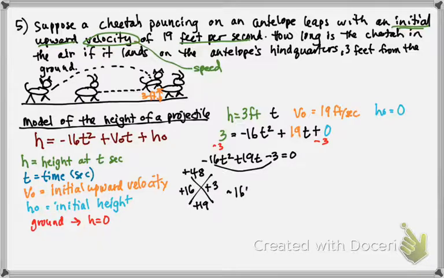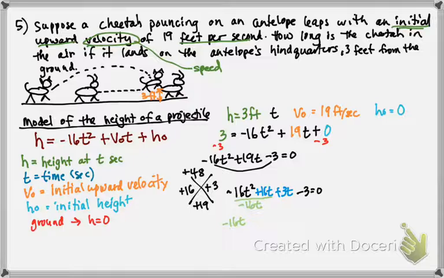So we're going to go ahead and factor. So we have negative 16t squared. We still have minus 3. We still have equals 0. And those two middle terms are going to be plus 16t plus 3t. And then we're going to go ahead and factor by grouping. So the first two have, and I have to pull out the negative, a negative 16t in common.